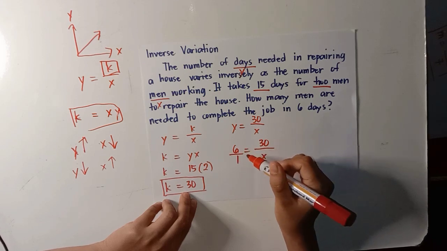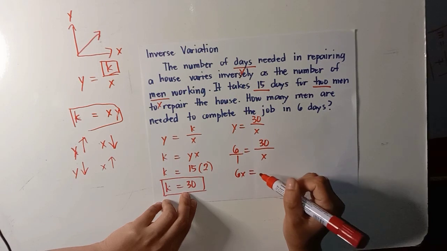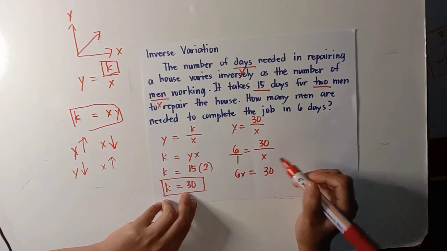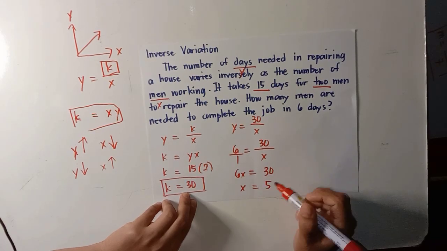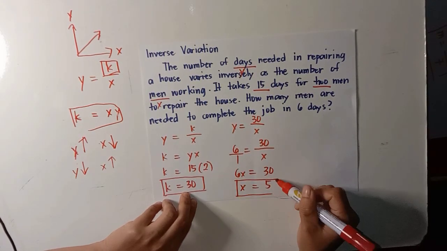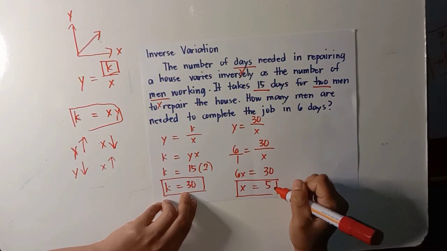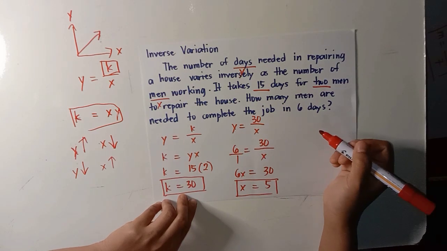Cross multiplication, 6 times x, 6x, then y times 30, that is 30. Therefore, x is equal to 5. Therefore, there are 5 men that are needed to complete the job in 6 days.